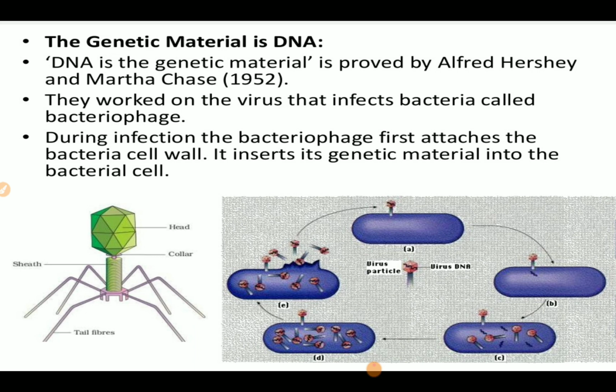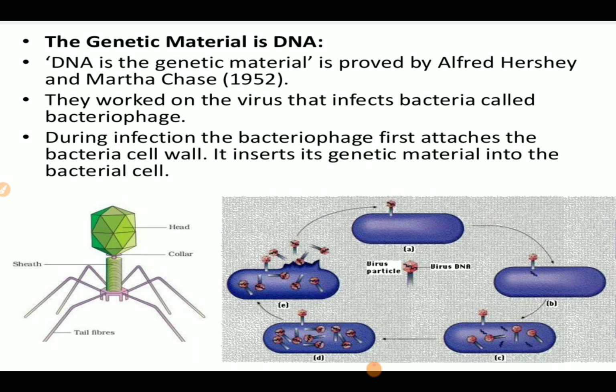They worked on bacteriophage, that was T2 bacteriophage, which infects the bacteria E. coli. Now, the bacteriophage on infection injects only the DNA into the bacterial cell and not the protein coat. And the bacteria treats the material as its own and subsequently manufactures more of the viruses.